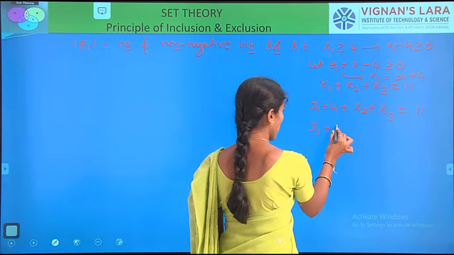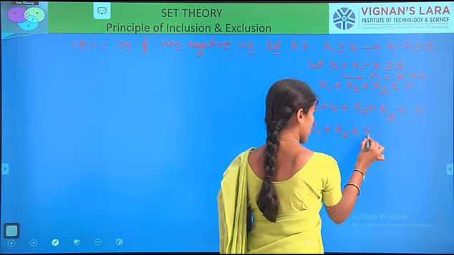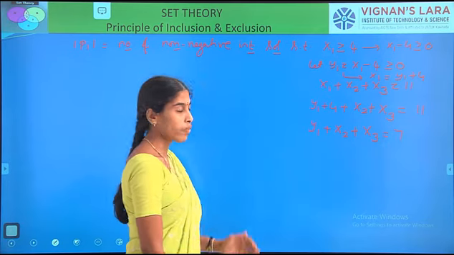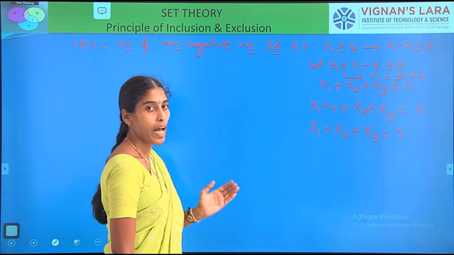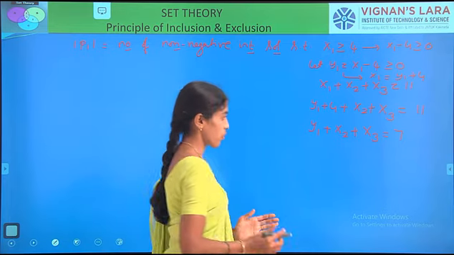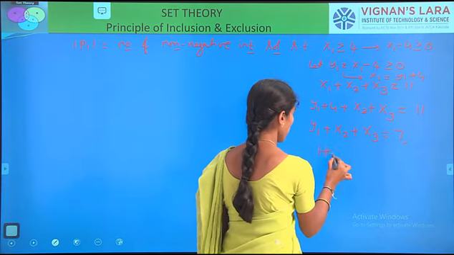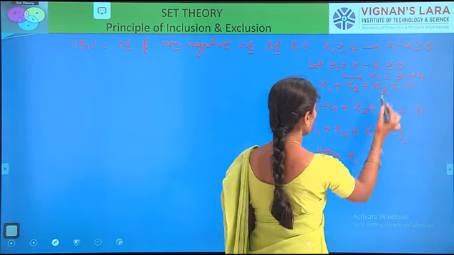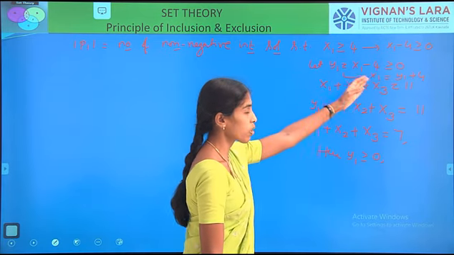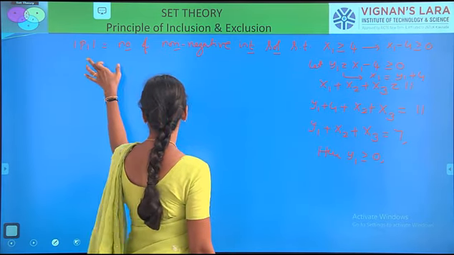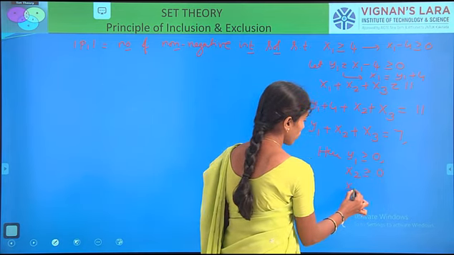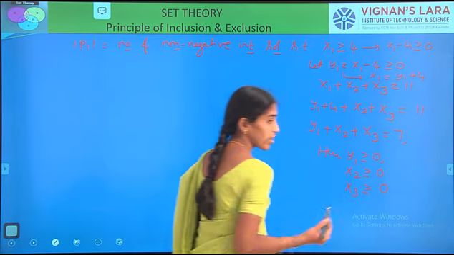So y1 plus x2 plus x3 is equal to 11 minus 4, which is 7. Why are we converting like this? As per our formula, each variable must be greater than or equal to 0. Here y1 is greater than or equal to 0, where y1 is x1 minus 4, which is the condition of P1, and x2 also greater than or equal to 0, x3 also greater than or equal to 0.